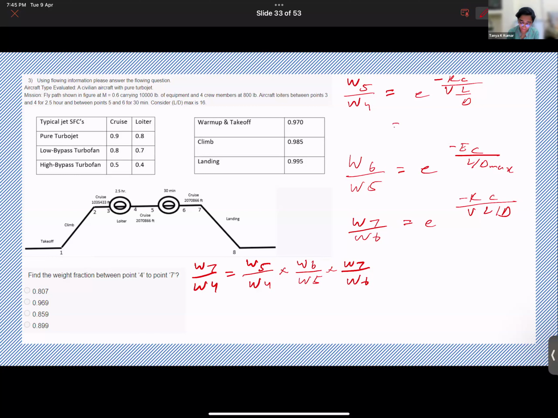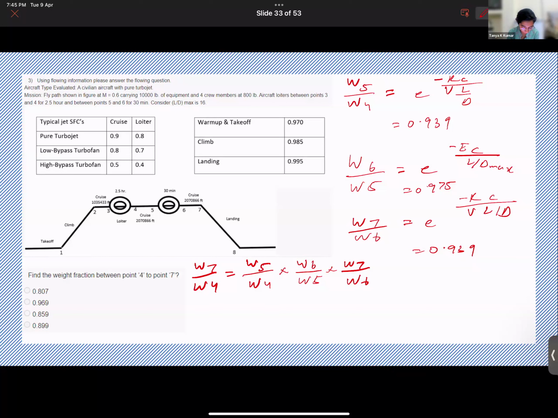I'm getting 0.939. Verify these answers, okay? This is 0.975 and this is 0.939 again, for both those cruises. Verify those answers and tell me if they're right.